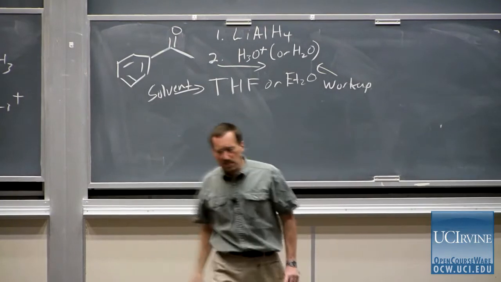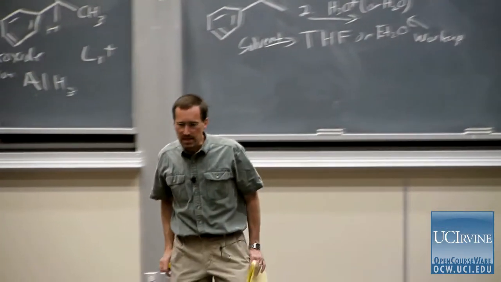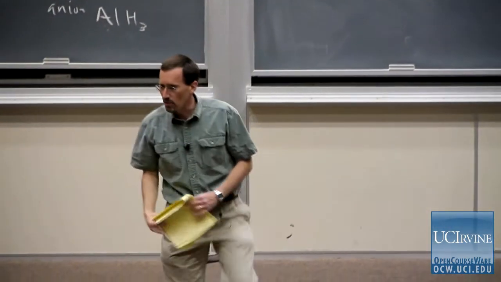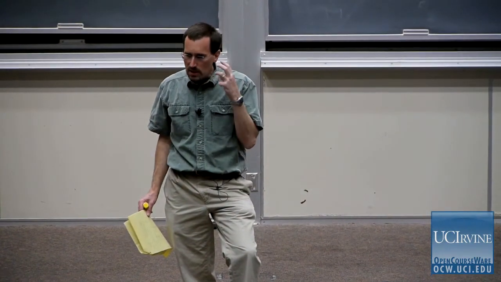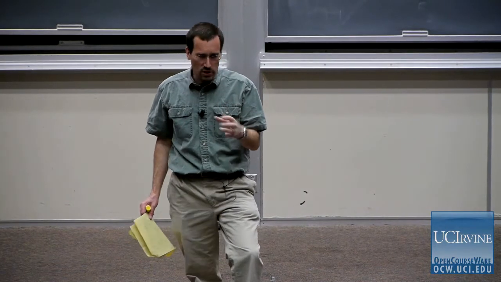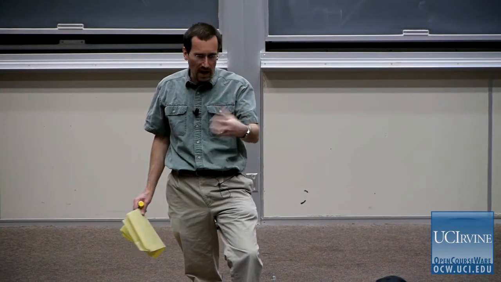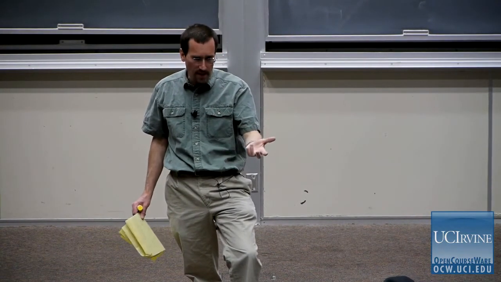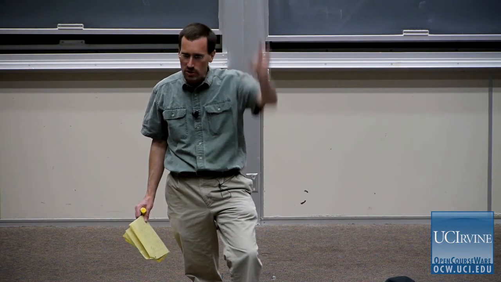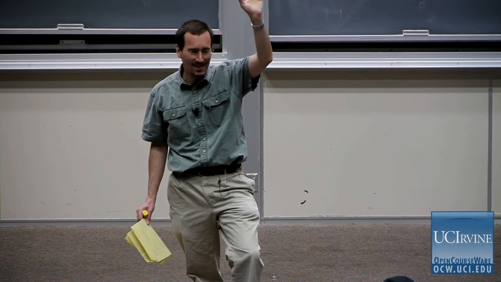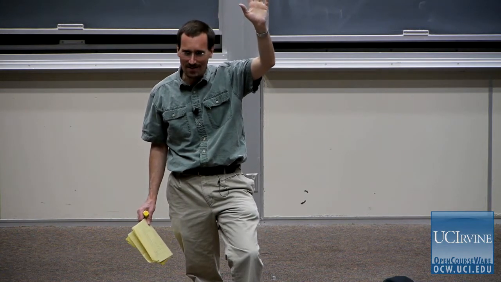And honestly, this particular one you could do with either aqueous acid or with water. Aluminum salts in water under the wrong condition can form tremendous gelatinous things. You've all had lab, you've all shaken a sep funnel, you may have even encountered an emulsion. Who's encountered an emulsion? I hate emulsions, don't you?